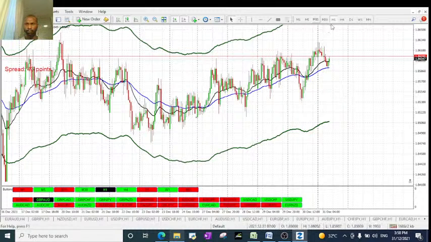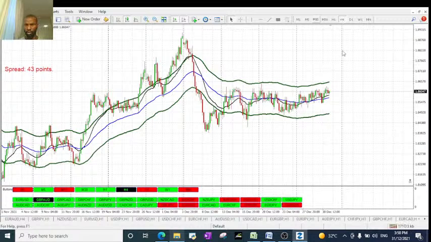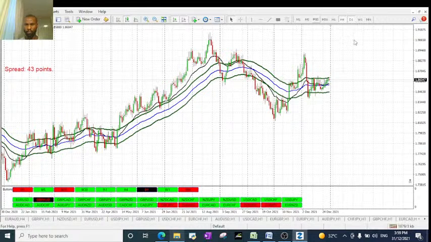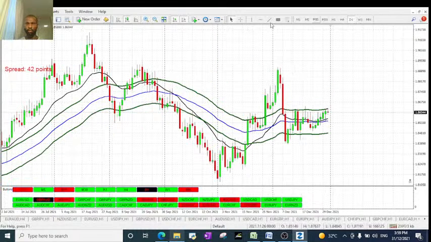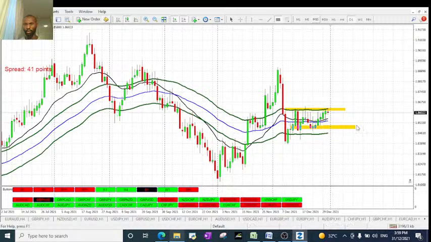Let's see what the daily chart looks like. We are in a range. So it's like buying the top of the range. Buying the top of the range, not a good idea. If market is ranging, you want to be playing the extremes.